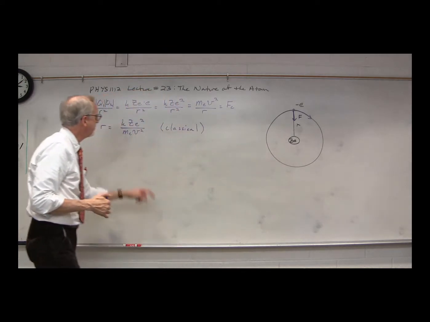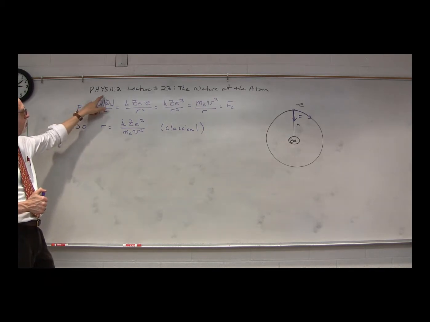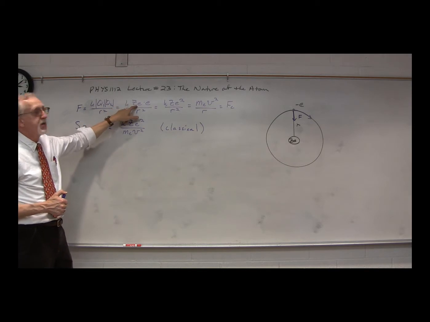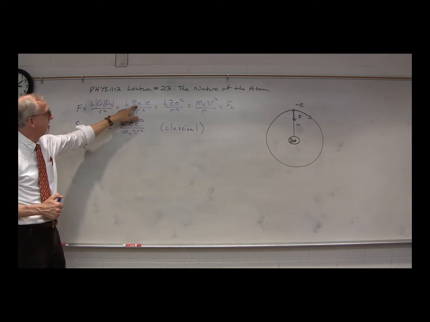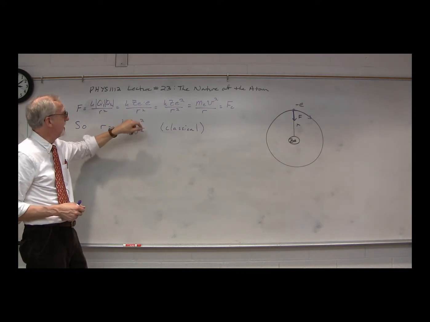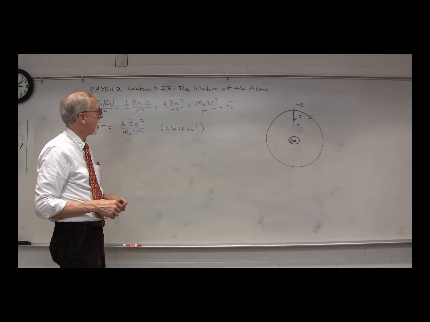So what do we have? We have the magnitude of the electrostatic force is k times the magnitude of Q1 times the magnitude of Q2 over r squared, which will be k, charge on the nucleus is Ze, charge on the electron, absolute value is e, over r squared, or kZe squared over r squared.